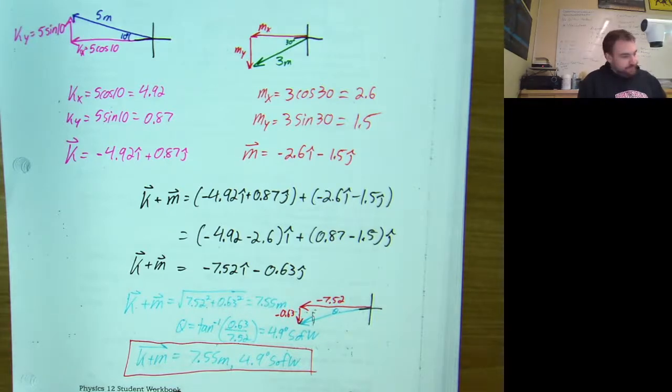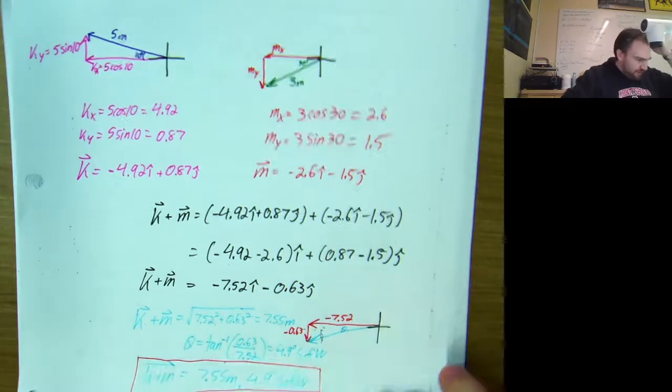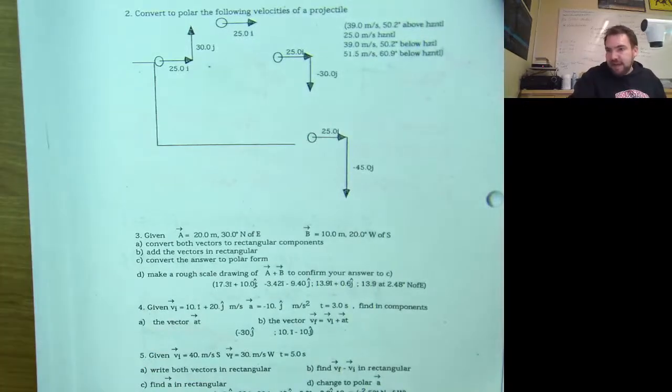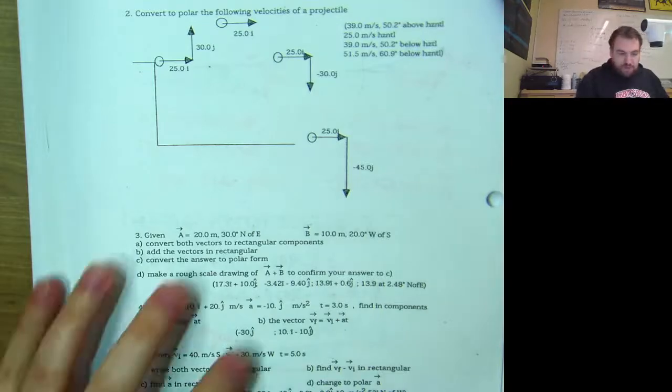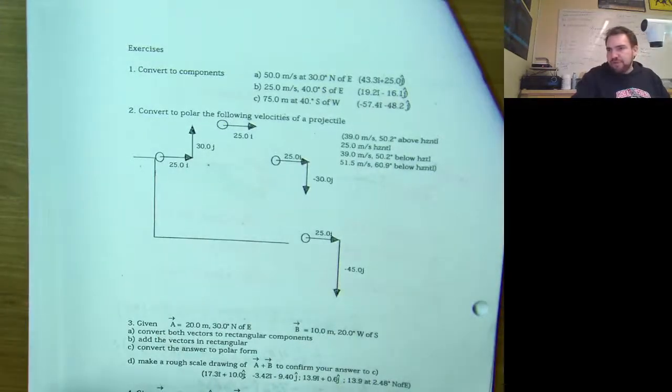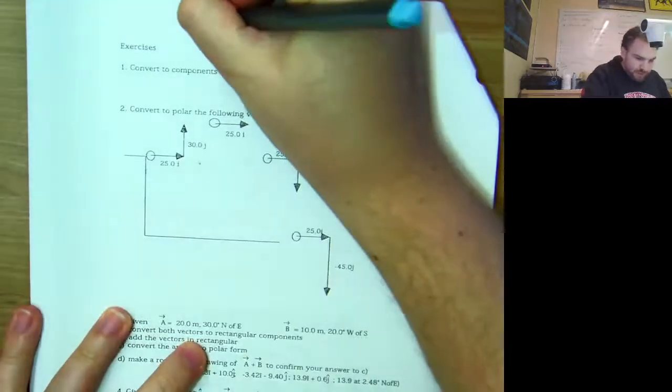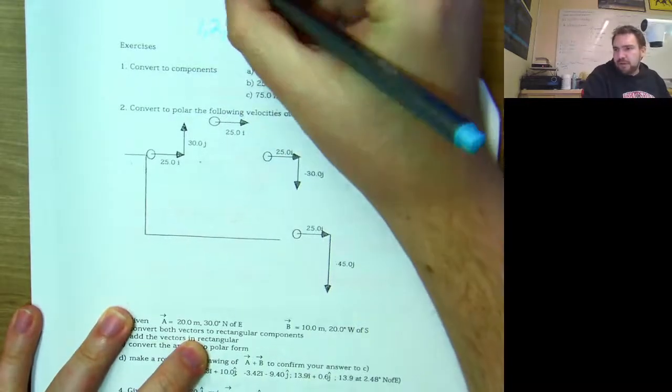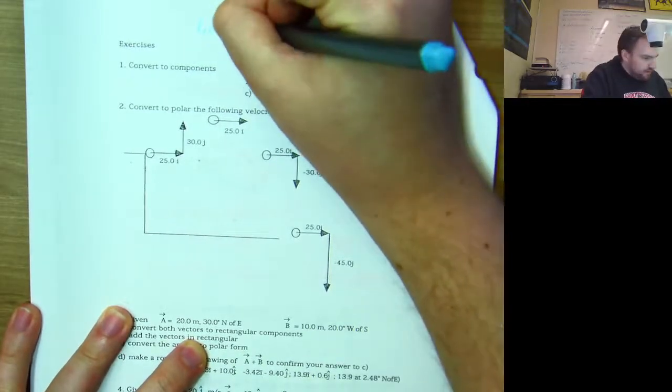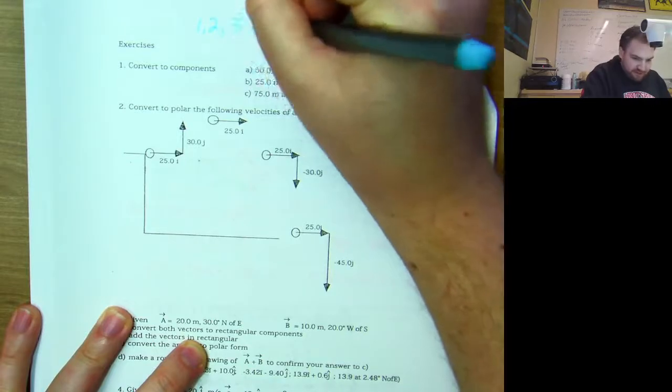That's it. I'm going to give you some questions to practice this stuff. So flip the page. I want you guys to look at questions. This is page 42. So you guys are going to do 1, 2, 3, 6, and 11.